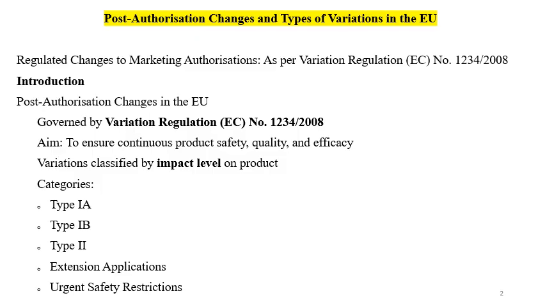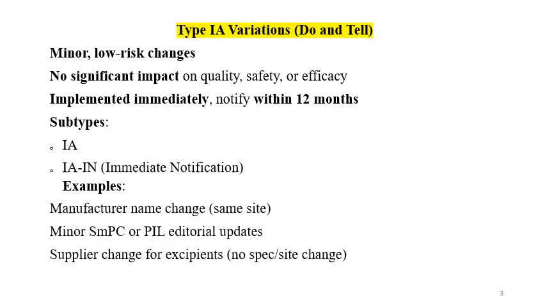The categories are type 1A, type 1B, type 2, extension applications and urgent safety restrictions. Type 1A variations are those which are done and then informed to the authorities. So these are do and tell type of variations.